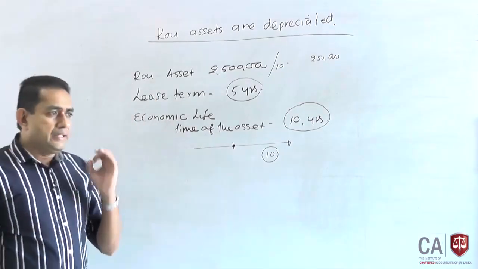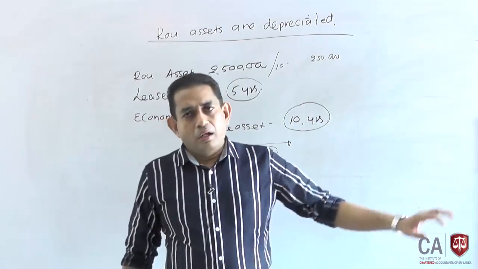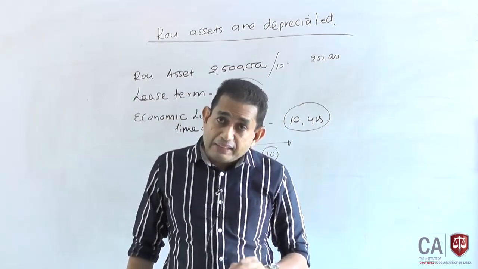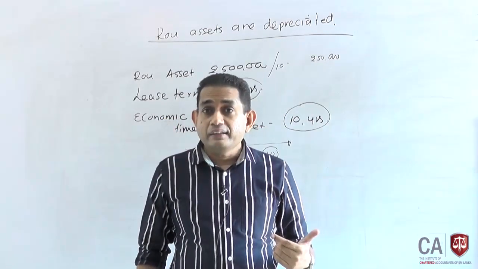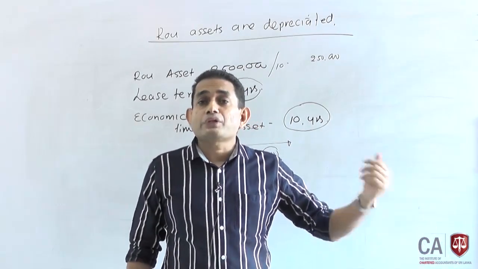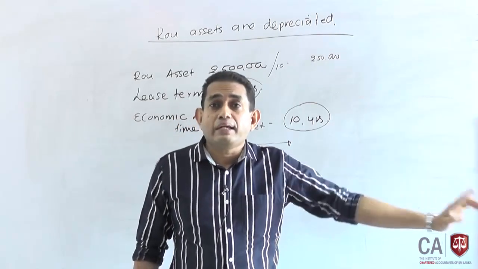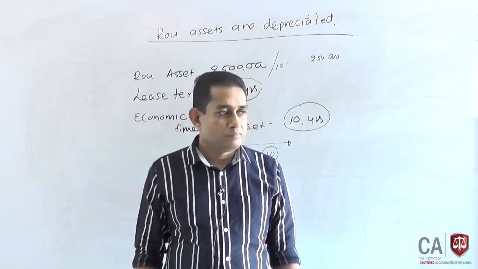So, if it is an instance where neither has the lessee been given the purchase option, nor does legal title pass to the lessee at the end of the lease term, right.